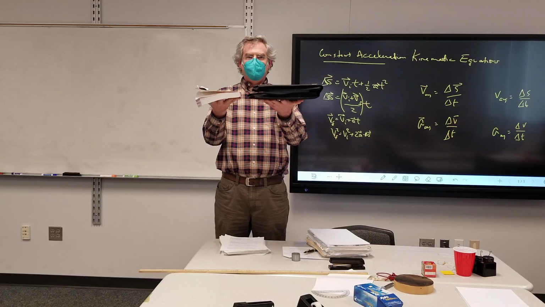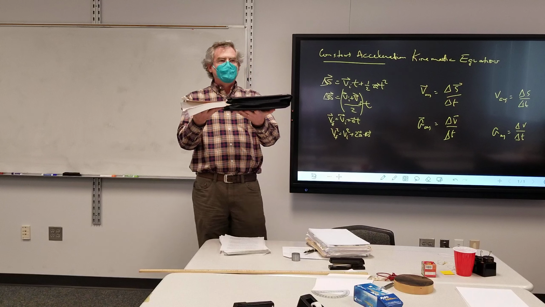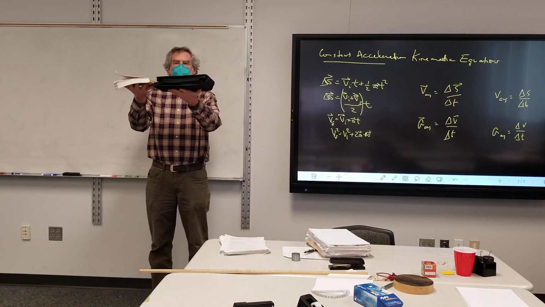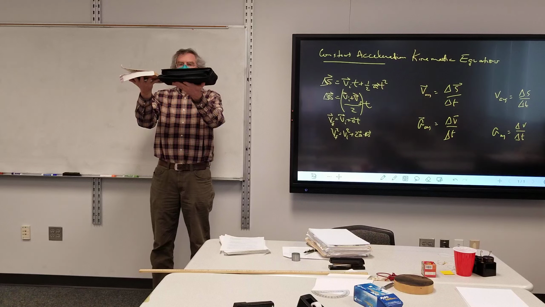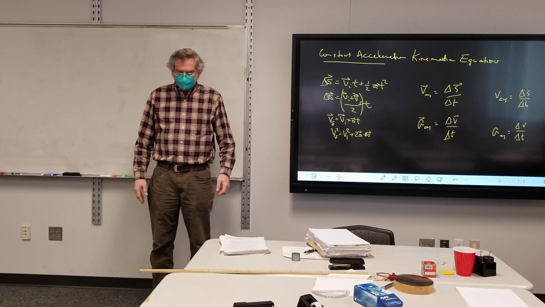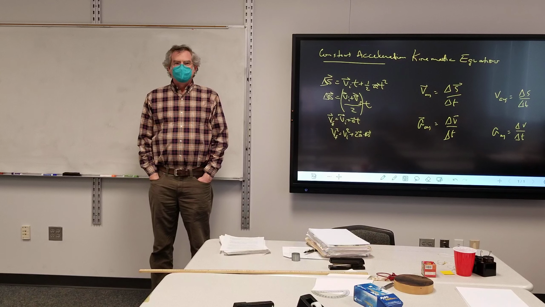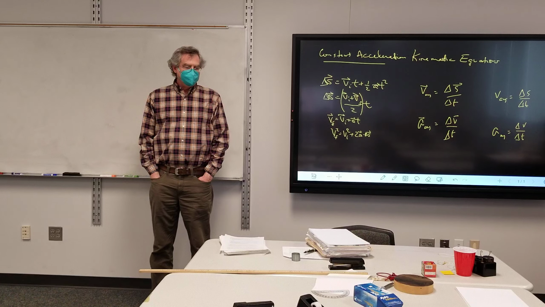All right, so two objects. We'll pretend they're close enough to the same size. If I drop them at the same time, which is going to hit the ground first? It really doesn't matter.